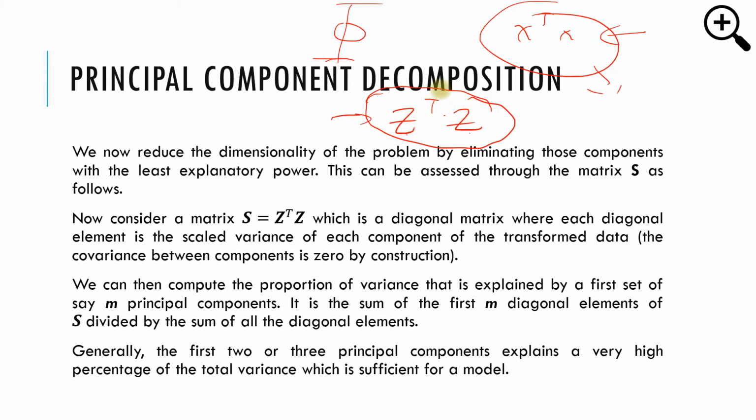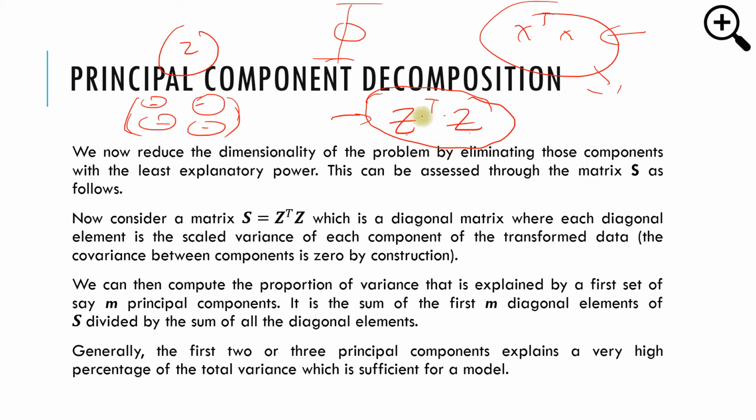Why do we want to do this? Because when you look at the Z transpose Z matrix, just imagine the covariance for X transpose X. Imagine you have only two variables, all right? So you would have a 2 by 2 matrix, with values here, here, here, and here.